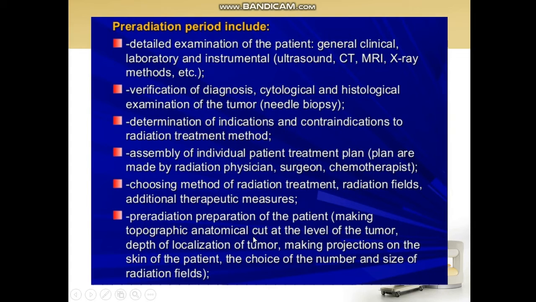Choosing the method of radiation treatment, such as external beam radiotherapy or internal beam radiotherapy, the type of treatment method, X-ray therapy or gamma therapy and others, radiation fields and additional treatment measures, and finally pre-radiation preparation of the patient, such as making a topographic anatomic CAT at the level of the tumor, depth of localization of the tumor, and others.